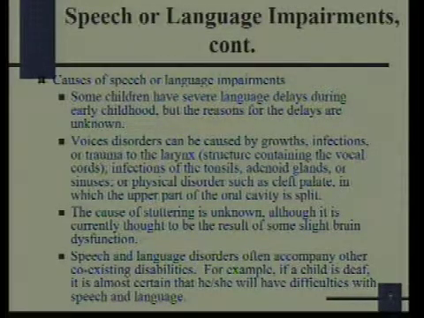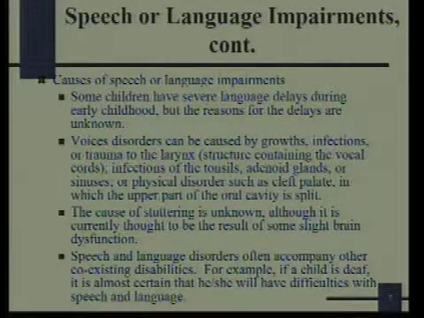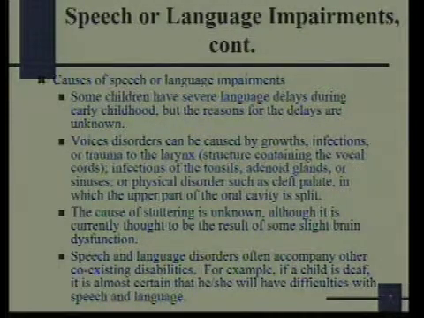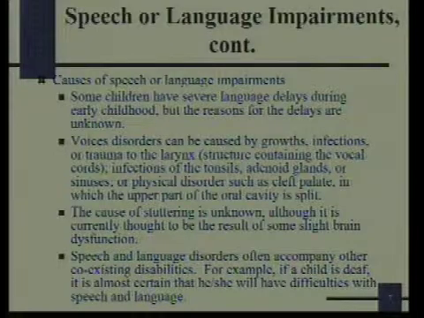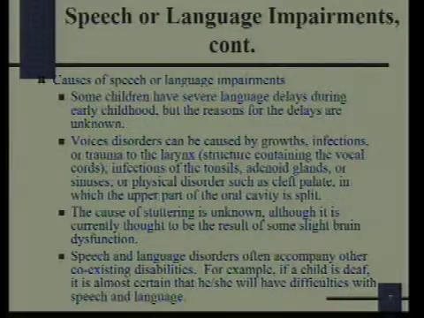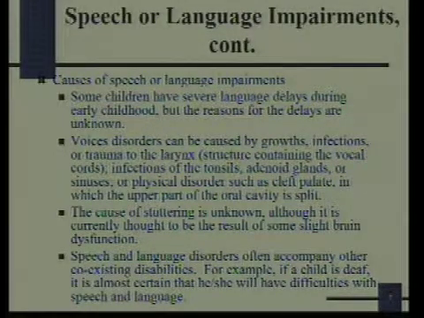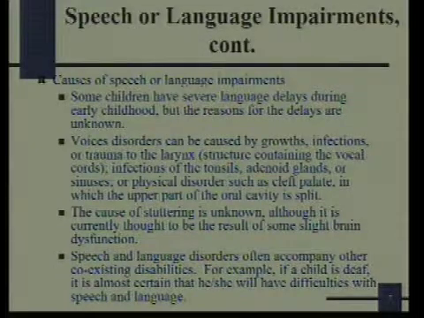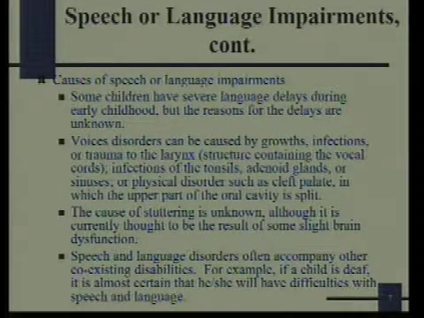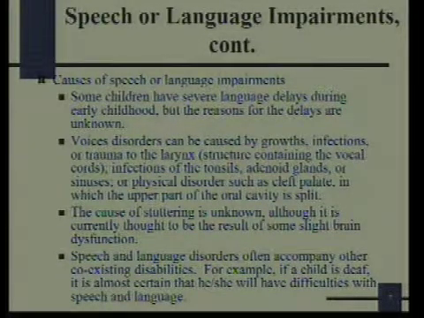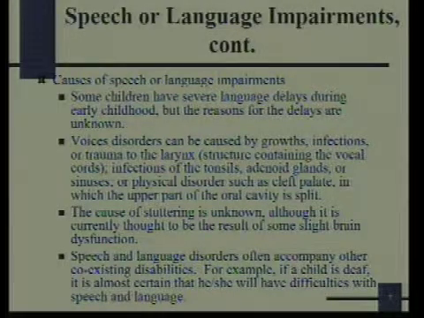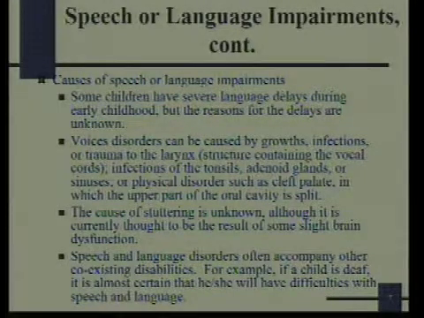There may be some physiological involvement that is the result of an accident or illness a child has had. Nasality is often caused by a child having bad tonsils and adenoids that redirect the pitch of their voice. These kinds of things.